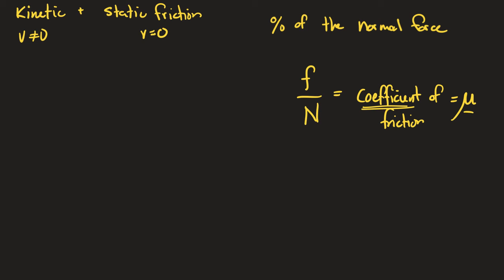But generally, this coefficient is a number between 0 and 1. Anytime you get a coefficient greater than 1, the problem writer screwed up, or worse, you're dealing with glue or something like that. Generally, coefficients are relatively small. They're going to be somewhere between 0.3 and 0.7. Like your shoes, they're probably pretty high.